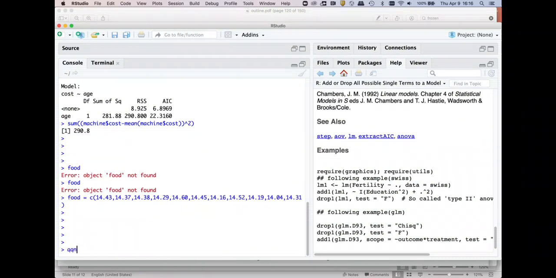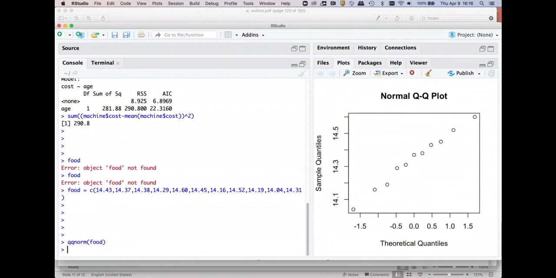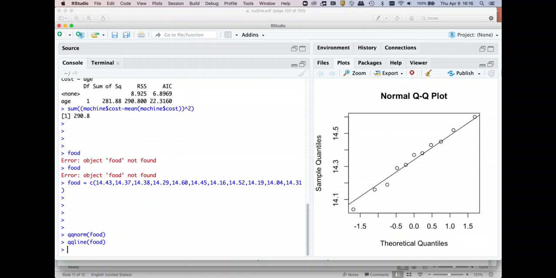So if I say qqnorm(food), I get the normal QQ plot. If I do qqline(food), it will superimpose a line on it. And what we see is that all the points roughly fall in a line, which suggests that the cumulative distribution for the observed data increases at the same rate as the cumulative distribution for a normal distribution. So we don't question normality here.